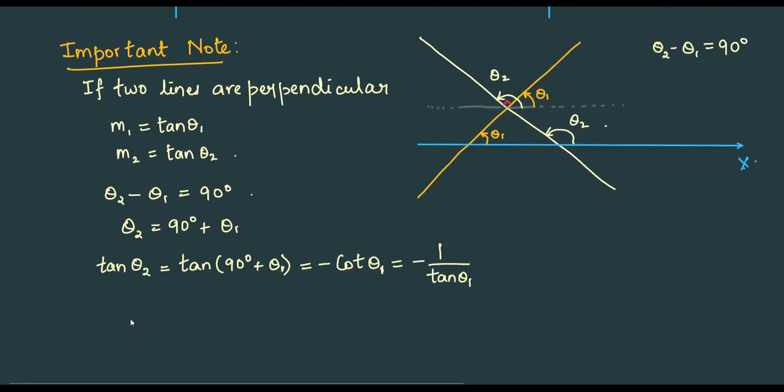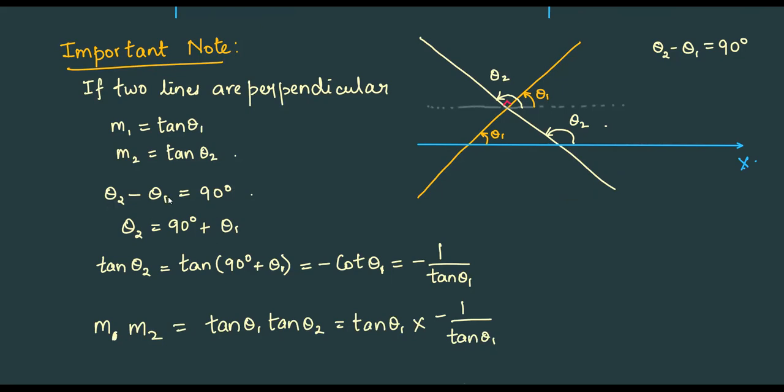So what we get is m1 into m2. This is a very important result we'll be using throughout coordinate geometry: tan theta 1 into tan theta 2, which is tan theta 1 times minus 1 upon tan theta 1.